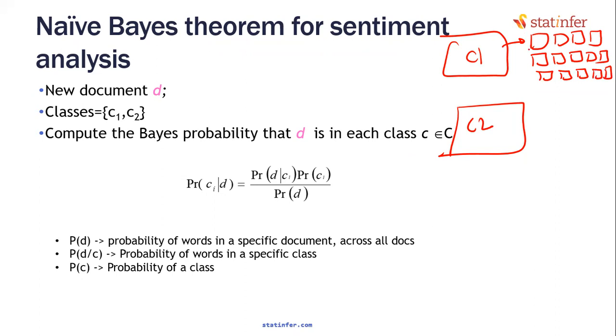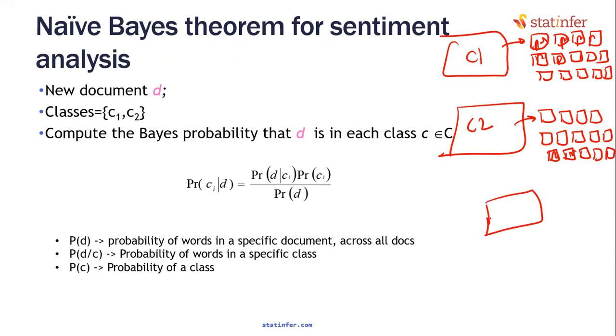Every review coming out of C1 is positive. Machine C2 is producing all the negative reviews, completely negative. Now I have a new review, or new document. This is the new document D.